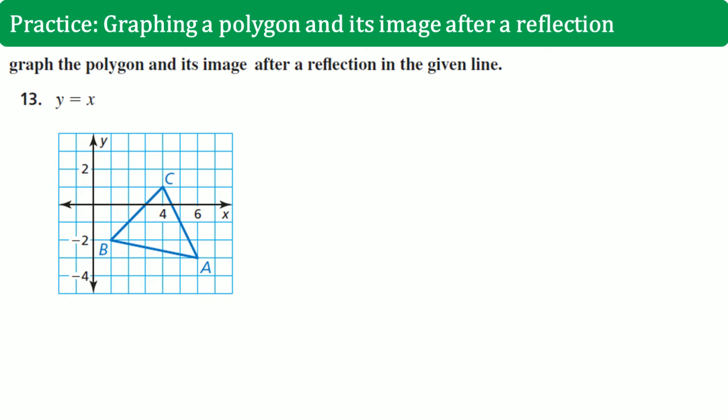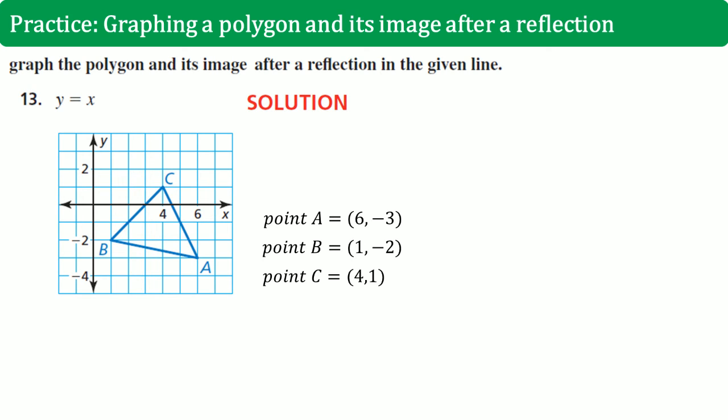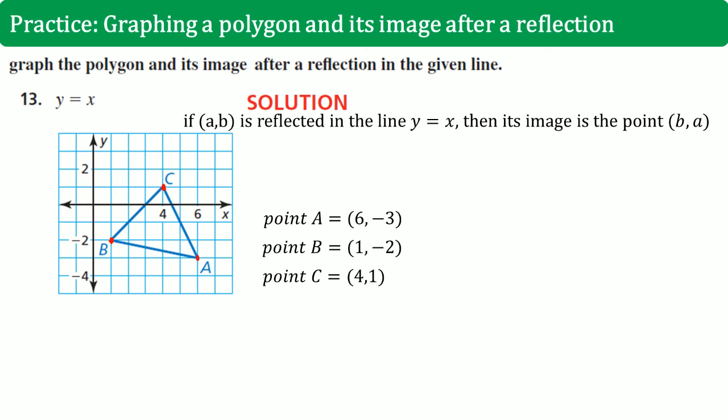Now I would like you to practice by graphing this polygon and its image after reflection. And here it is y equals x, so be very careful. Here's the solution. Here are the original points. A was 6 comma 3, B was 1 comma negative 2, and C was 4 comma 1. We apply that rule that we got from the core concept.